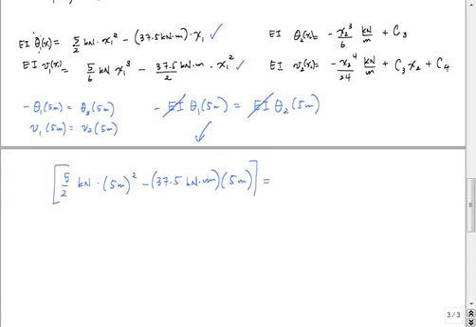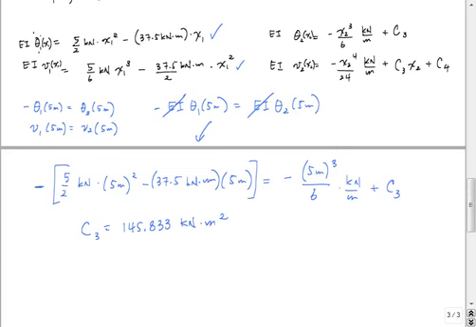I almost made a big mistake. So this negative times minus 5 meters cubed over 6 times kilonewton per meter plus C3. Then I can just solve for C3, and when I run my algebra, I get that C3 is equal to 145.833 repeating kilonewton meter squared. Okay, so there's my C3.